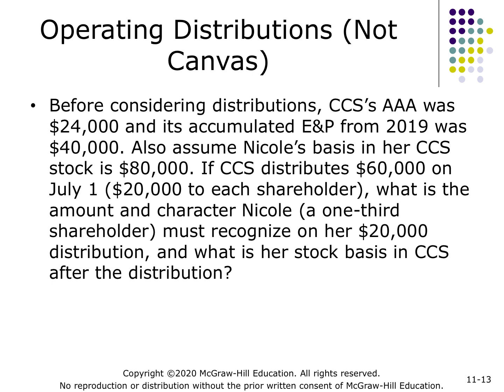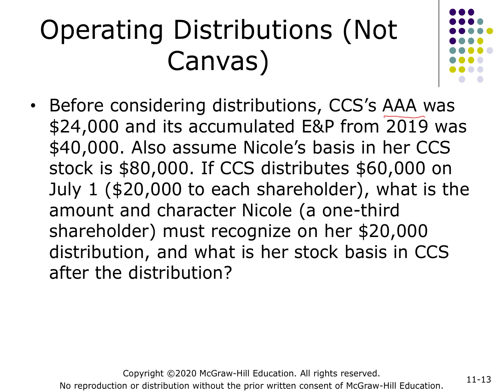So what we've got is an example here, and it's talking about operating distributions. It says, before considering distributions, this S corporation's AAA account. Now, what is the AAA account? The AAA account is called an accumulated adjustment account. It's a corporate level account, so it's kept at the entity level.